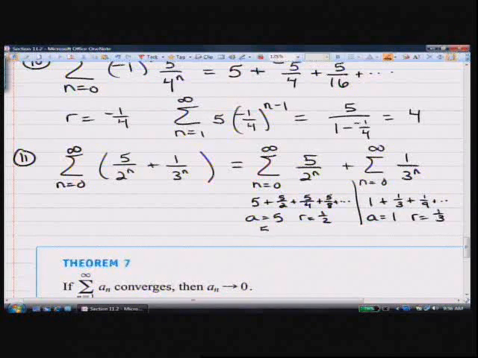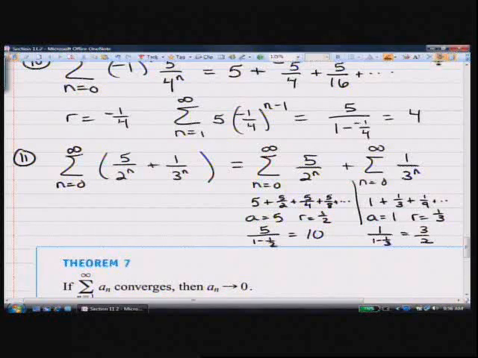So this is going to be 5 over 1 minus 1/2, which is 10. And then this is 1 over 1 minus 1/3, which is 3 halves, right?